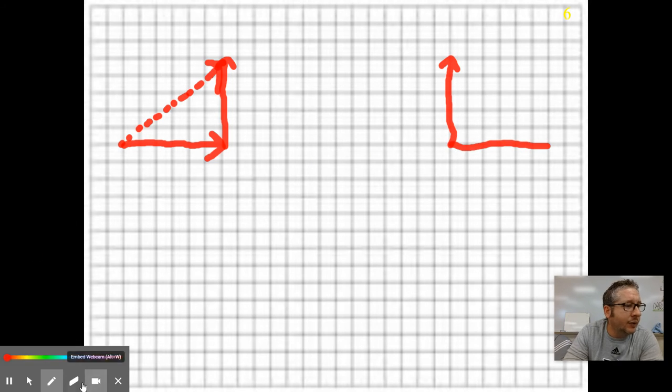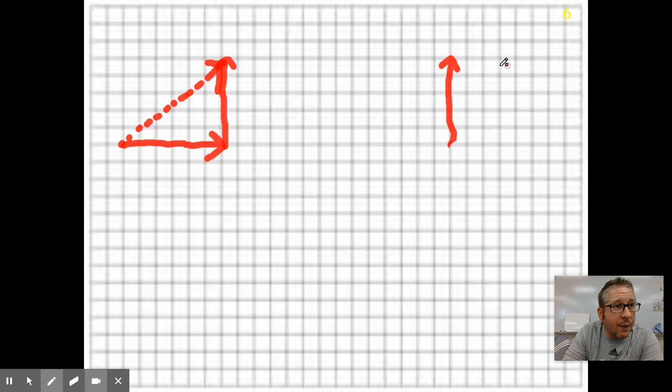That's not what I wanted to do. Come on, Dorfler, I said parallel. I just kept it in the same location. Anyway, I want to move it parallel to the original one here. I apologize for my drawing. I can't even speak today, folks.